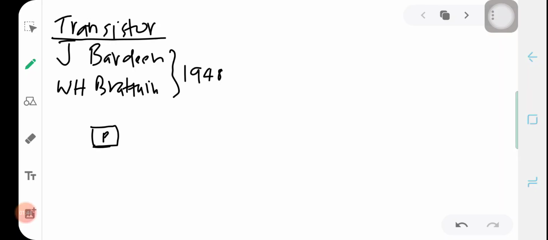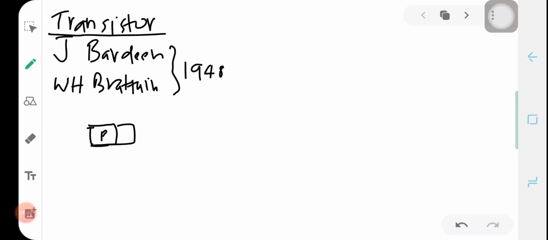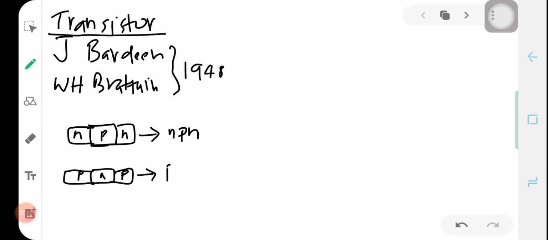If a p-type is sandwiched between two n regions, we can have an npn transistor, and if an n region is sandwiched between two p-type regions, we can have a pnp transistor. So this one is called an npn transistor, and this one is called a pnp transistor.